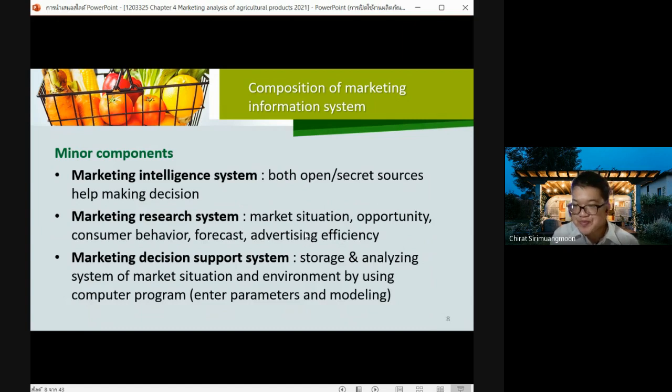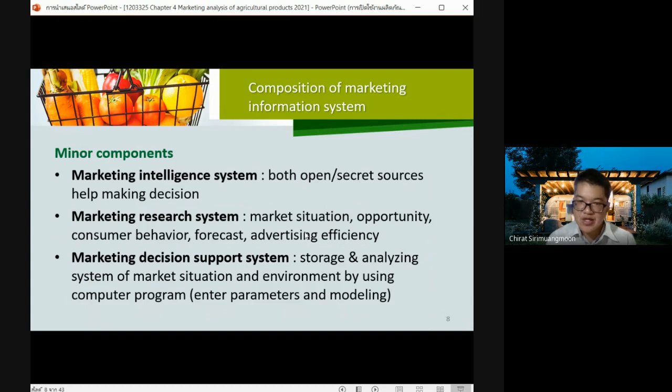For example, if you think about healthy, like organic fruit or vegetable, the market situation is popular. So you might study something more in order to prove what type of fruit or vegetable is going to be good for the market in the future.